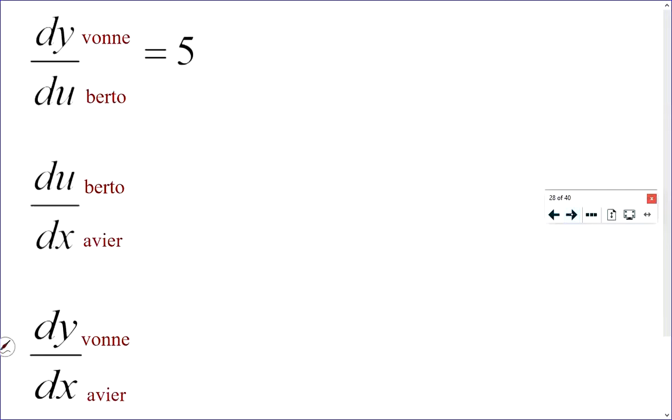And u is increasing 7, this is just a number I've made up, 7 times more rapidly than x. So on the one hand, y is 5 times faster than u, but u is 7 times faster than x.